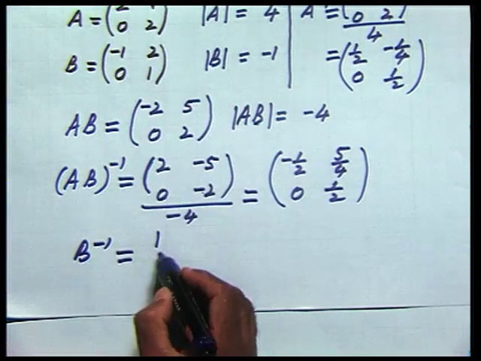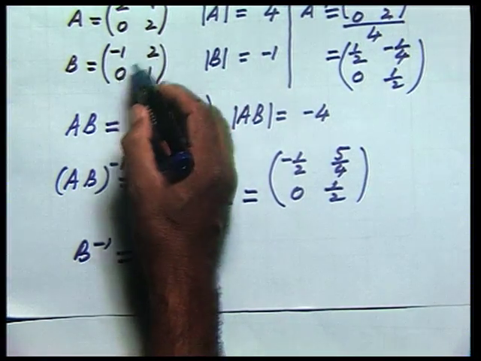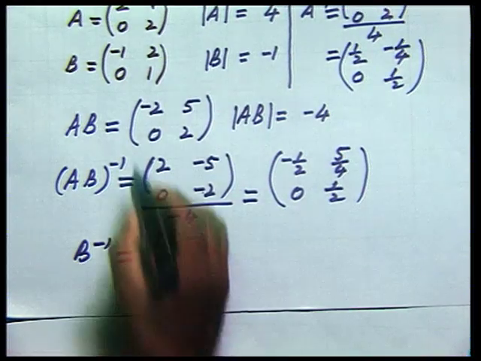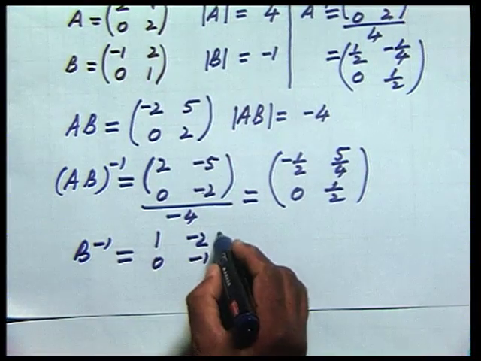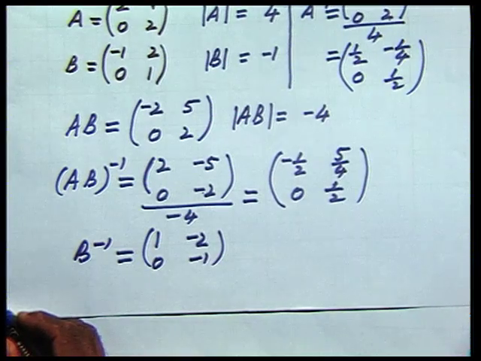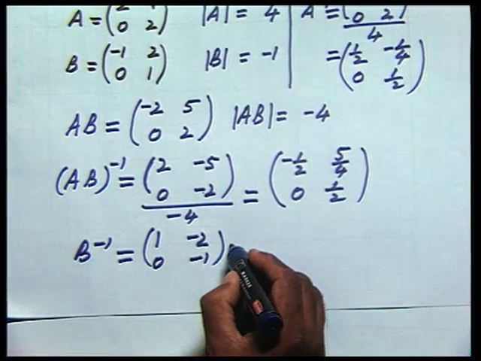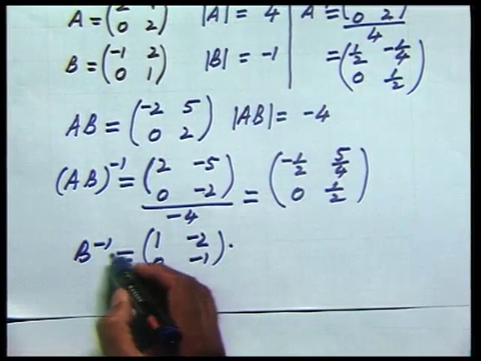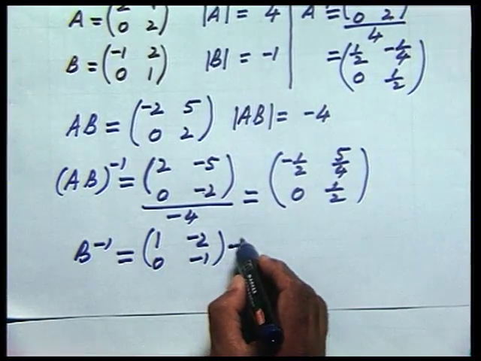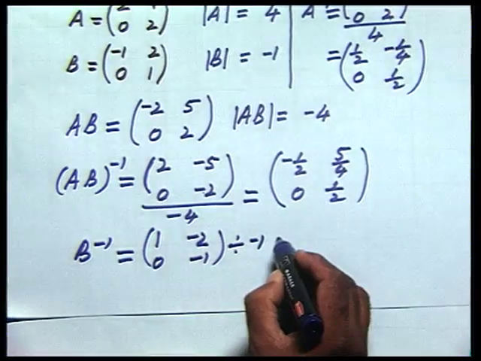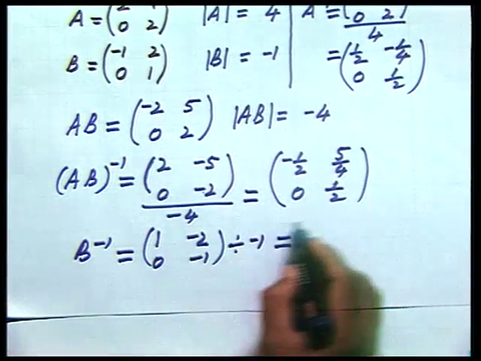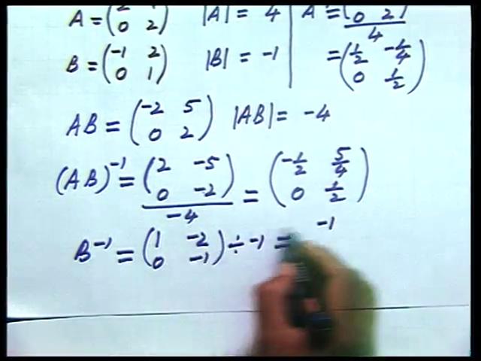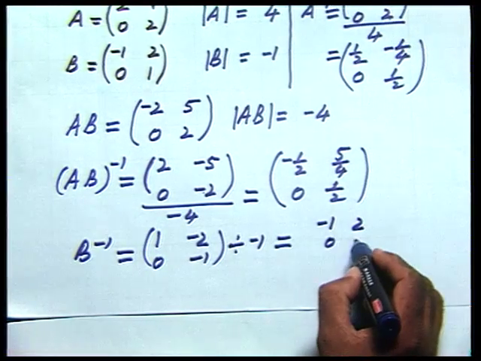So, 2 0 means 0 written here, 0 minus 2 written here, 1 minus 1, this is it, and we divide it by what? The value of the determinant -1. So, if you divide it by -1, then this is equal to -1 2 0 1.